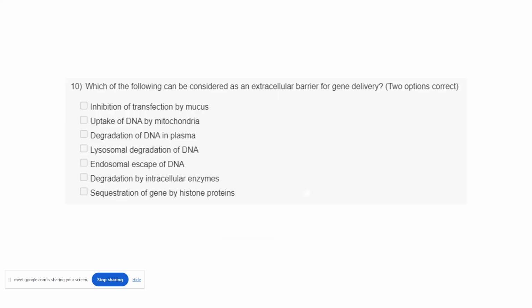Okay, we have another question here. Which of the following can be considered as an extracellular barrier for gene delivery?